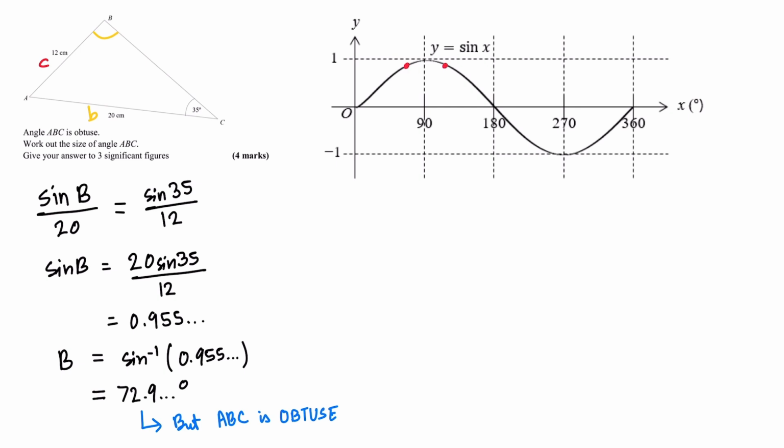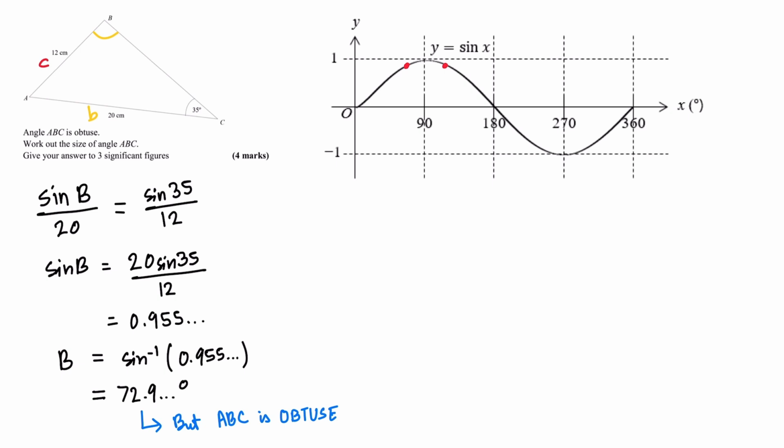And essentially what I've done is I've marked on a roundabout where 0.955 could be. It doesn't really matter where I've marked it. Just what matters here is we can see that for that value between 0 and 360, we have two values for the angle. And the first value on the left side, so before the 90 degrees, that'll be 72.9. We want to find out the other one that's on the right hand side of the 90 degrees.